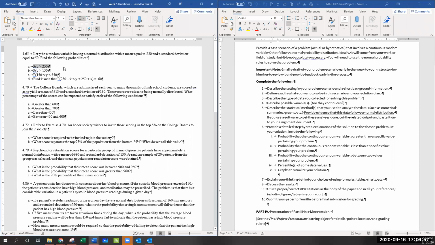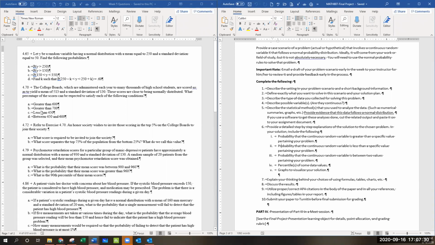So for number 6, part I, all you're doing is describing the steps that you would take to solve that. Whether you did it by hand or in SAS or in Excel, doesn't matter, right? And then in your solution include the following. So you describe it and then you give a solution, right? So then the probability that a continuous random variable is less than a specific value.